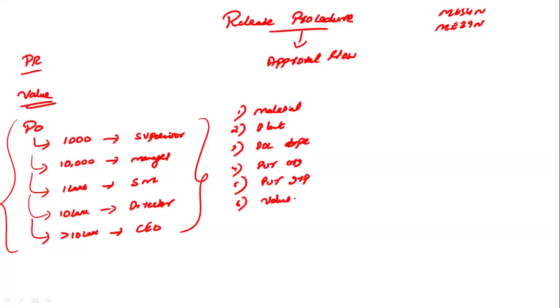Okay, so as soon as we put this information in the PR and click on the check icon, a new tab will get generated, which is called release procedure or release strategy. Under this release strategy, you will have the levels of approvers. If it is supervisor, then manager, then it follows the flow.